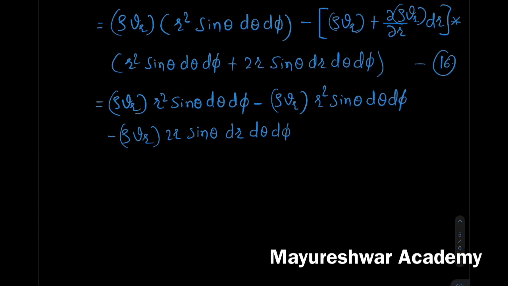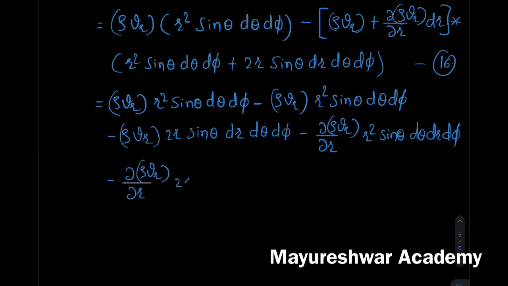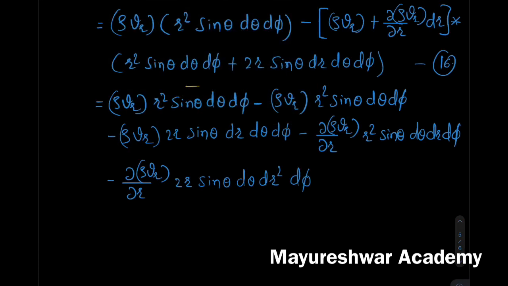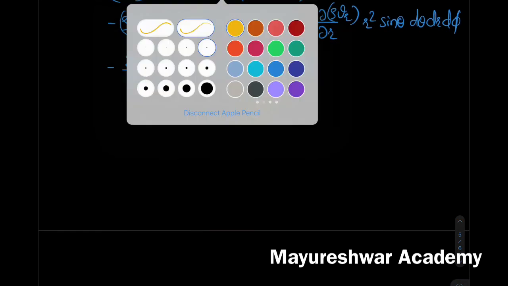Now let us multiply by the second term, which is minus partial over partial r of rho vr dr. So r squared sine theta d theta dr d phi plus partial over partial r of rho vr into 2r sine theta d theta dr squared d phi. Let us ignore the first two terms, they will cancel out, and again this dr squared term will be equal to 0. So we are left with two terms now.